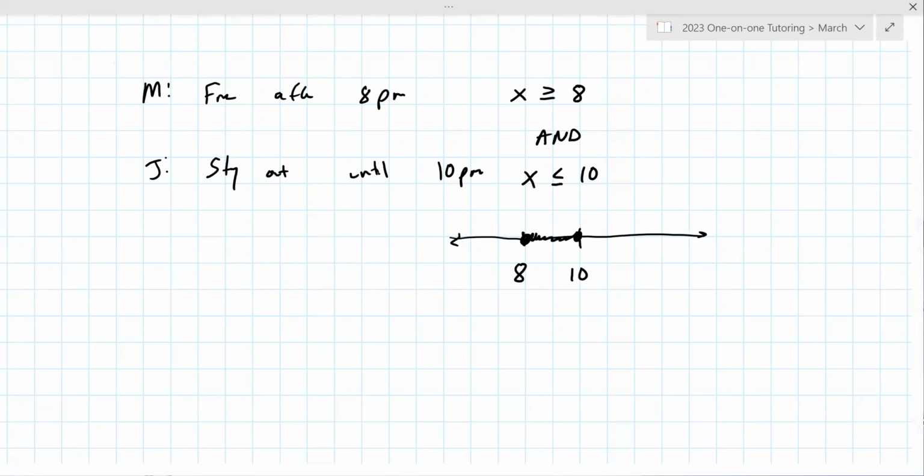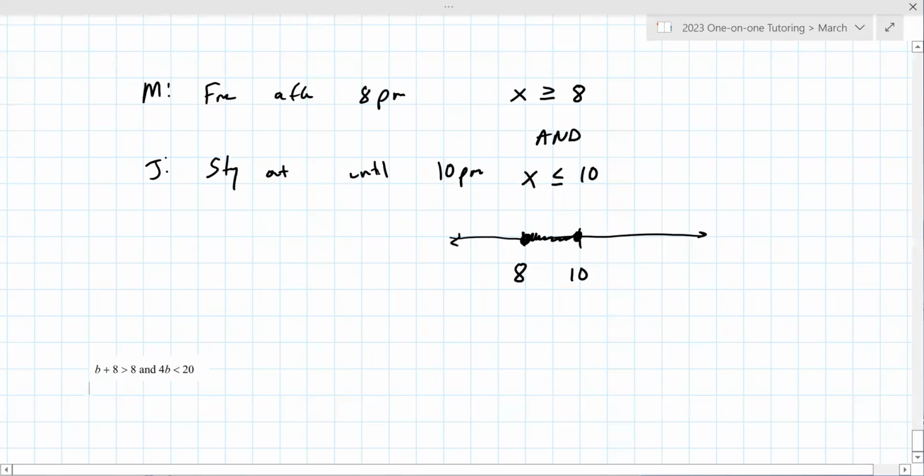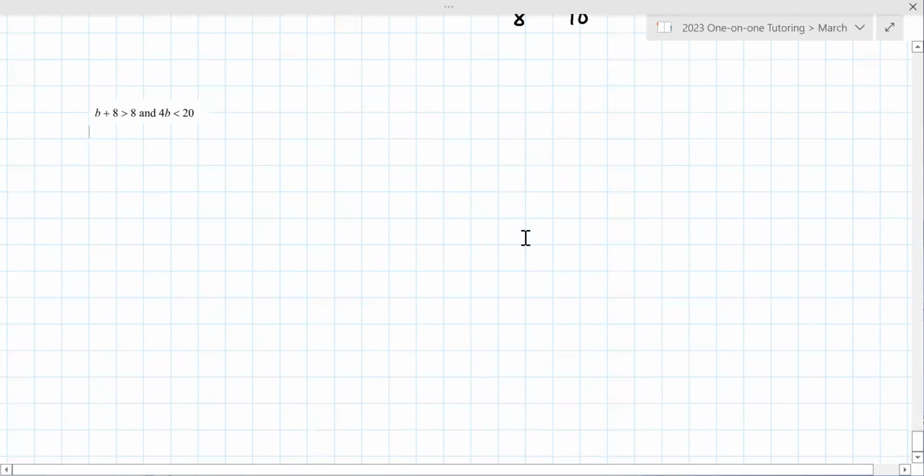This is the next style of problem that you will see. Let me grab one here. It will literally say the word and in the wording. Let me snip this in here.